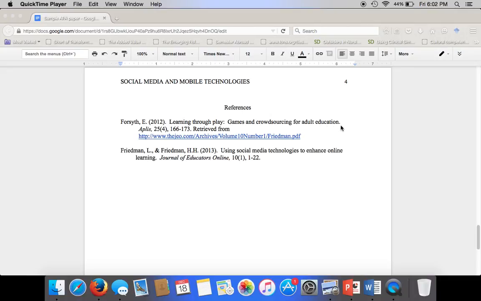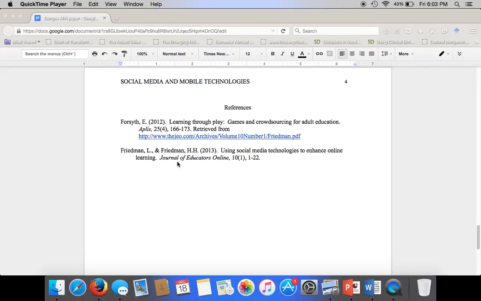The title is finished off with a period, and then it's followed by the journal where the article was published. And the journal is written in italics. You'll see that the main words of the journal are capitalized here.